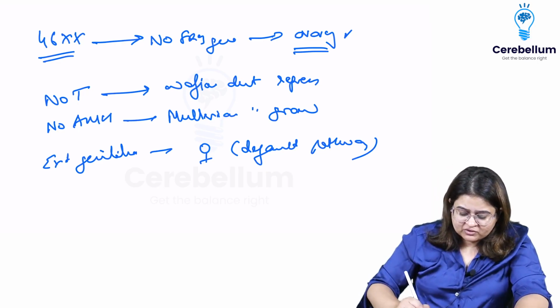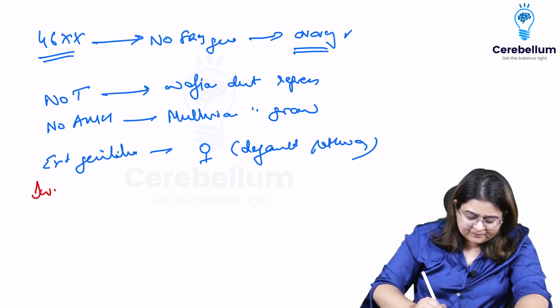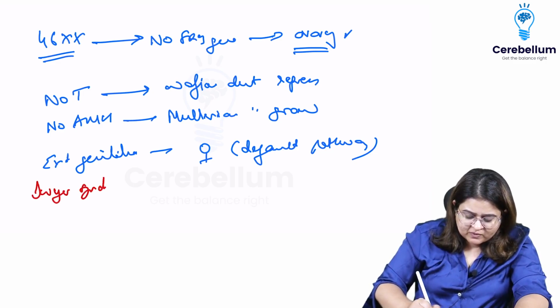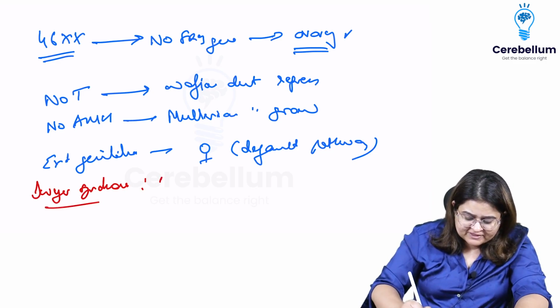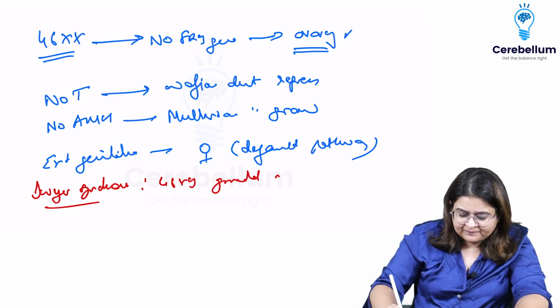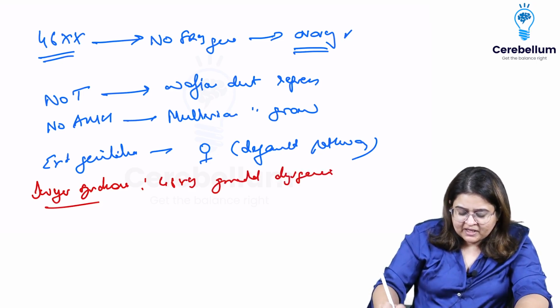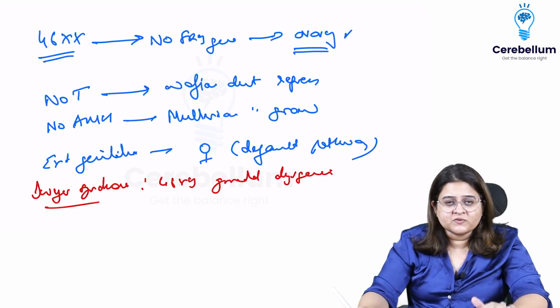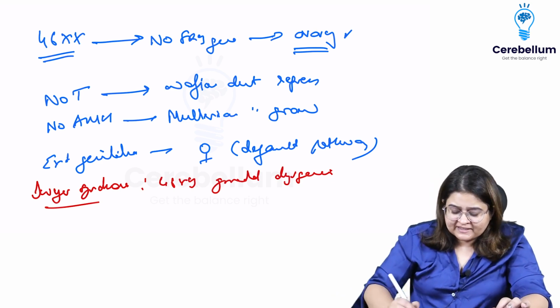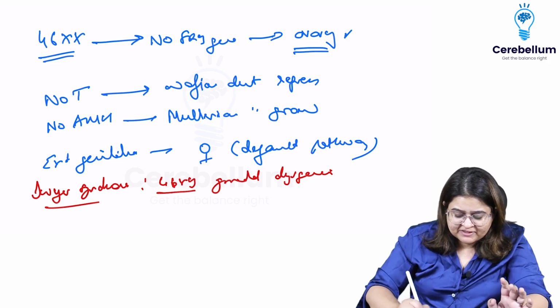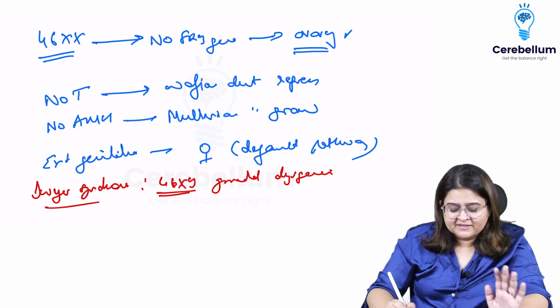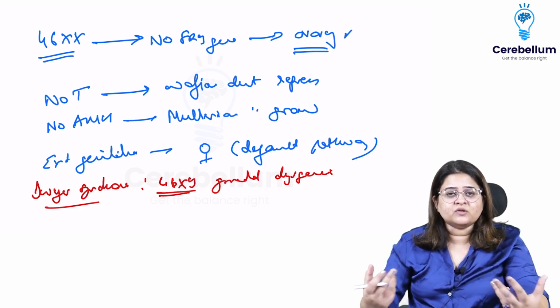Now, there is a condition called Swyer syndrome. What is happening in Swyer syndrome? This is 46XY gonadal dysgenesis. And what is happening in 46XY gonadal dysgenesis is that it is a 46XY. That means the gonads are the testes, but the testes are not functional.